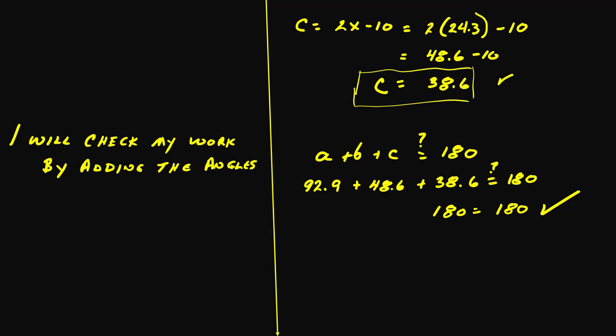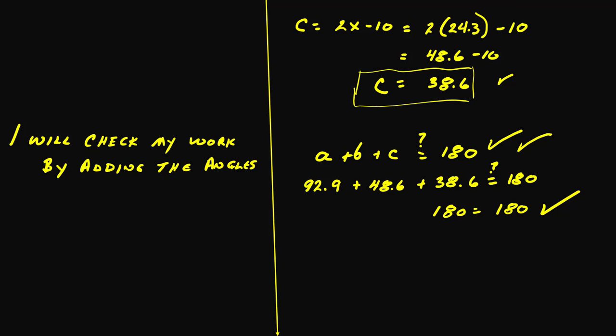Now my final step is to check my work. And the way that I'm going to check my work is to go ahead and add up all the angles and see if it equals 180. So the first thing I do is write the equation. And then I substitute all of my values that I calculated for the angles A, B, and C into this equation.